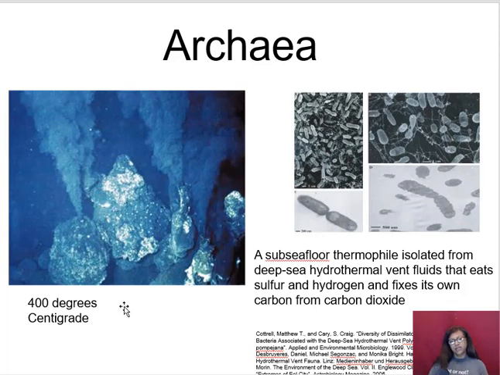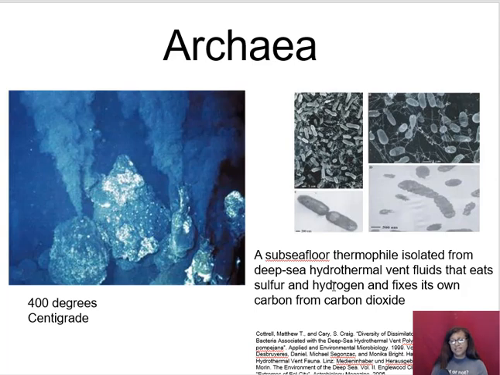And here the temperatures at some of these volcanic vents are 400 degrees centigrade. That's tremendous. But yet we find all of this diversity of life. I'm pinging my cursor here for you. So this subsea floor thermophile was isolated from this deep sea hydrothermal vent, and it actually eats sulfur and hydrogen and fixes its own carbon from carbon dioxide.